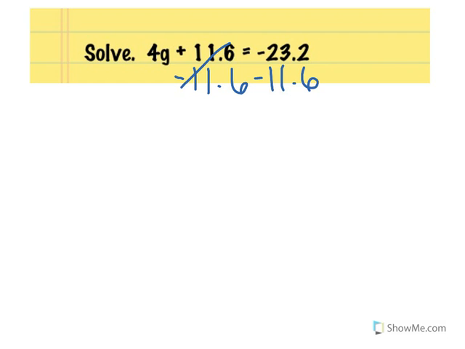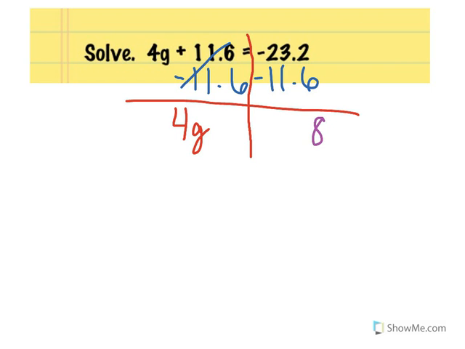And I'm left with, on this side of the equal sign, 4G equal to negative 23.2 minus 11.6. When I have a negative and then I'm subtracting a positive, I'm actually going to add those numbers together and get a bigger negative. So 6 plus 2 is 8, 3 plus 1 is 4, and 2 plus 1 is 3. So I have 4G equals 34.8.